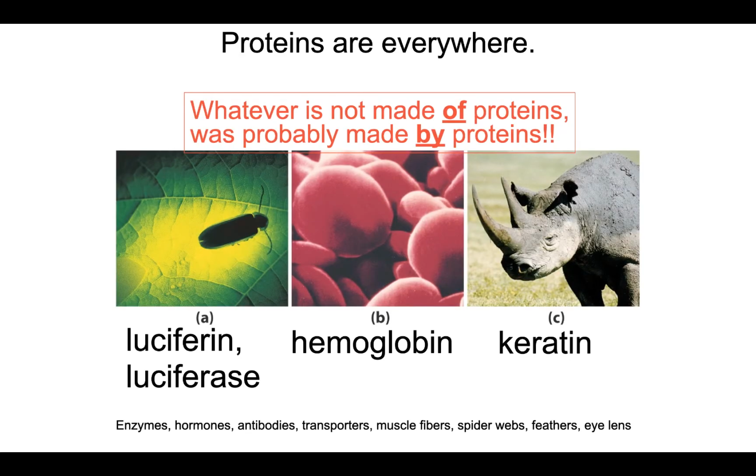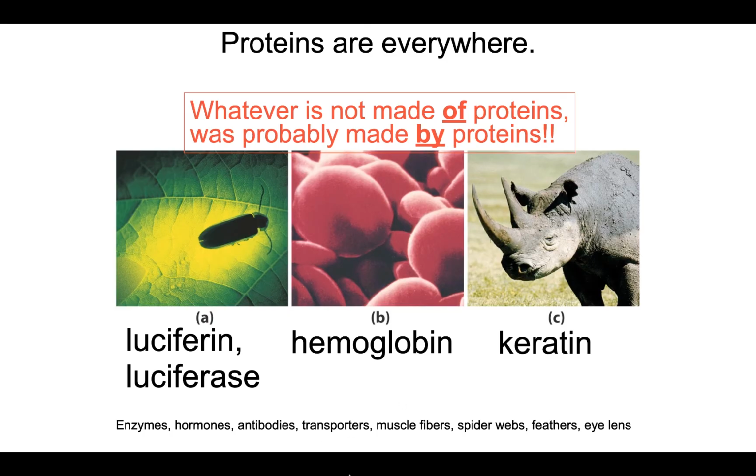Proteins are absolutely essential for life. In fact, if you were to take a look at your cells or cells of any organism, lots of structures within cells are made of proteins, but even the things within a cell that aren't made of proteins probably required a protein to be made.